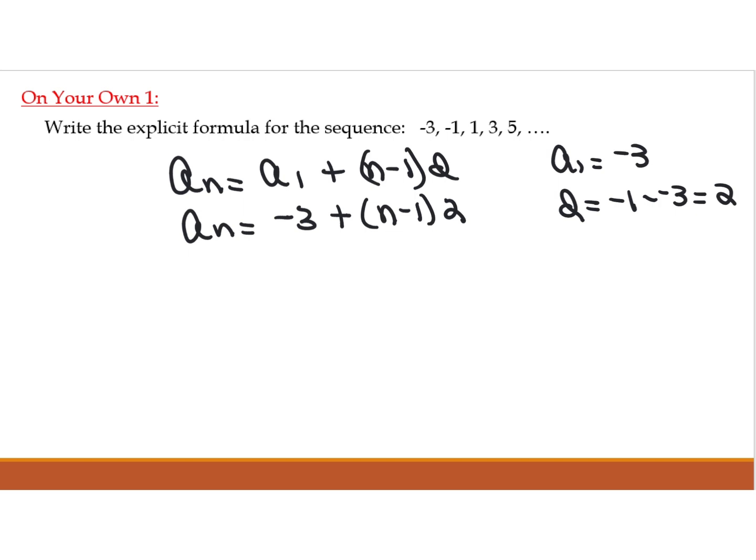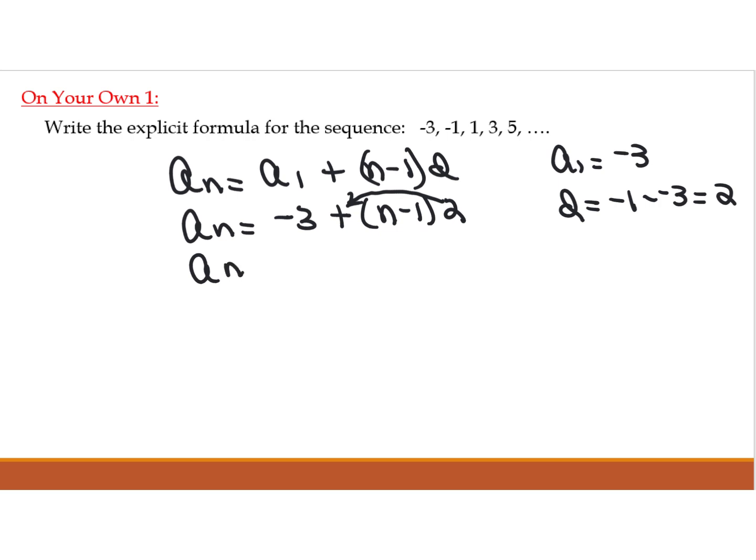Now, in order to have a final answer, I have to simplify this equation. On the right-hand side, I have n minus 1 times 2. That is the distributive property. Normally, we see it with the number in front of the parentheses, but even if it is behind, it simply means that we are multiplying everything inside by 2.